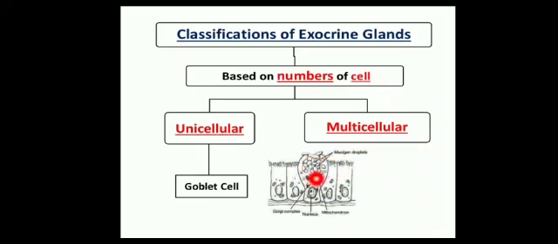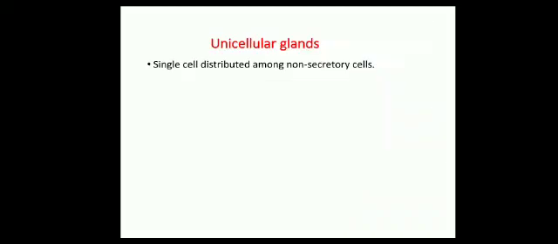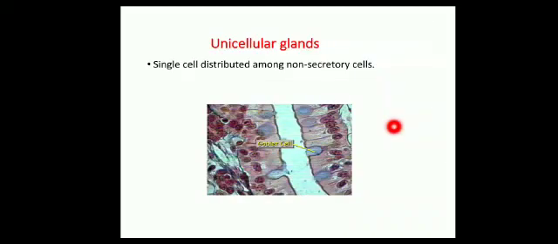These are the goblet cells which are present among other non-secretory cells. For example, here in this diagram, these are the goblet cells and these are the tall columnar cells which are non-secretory, and mostly the goblet cells are present in the GI tract.